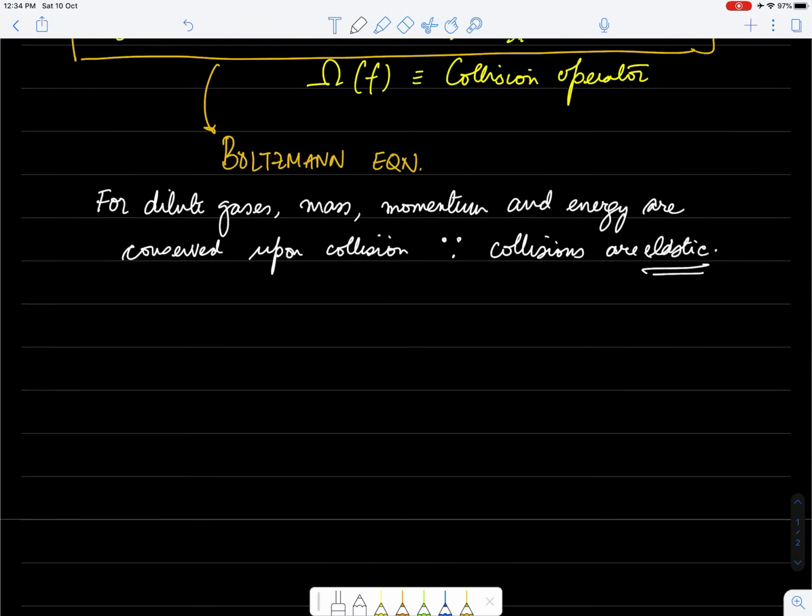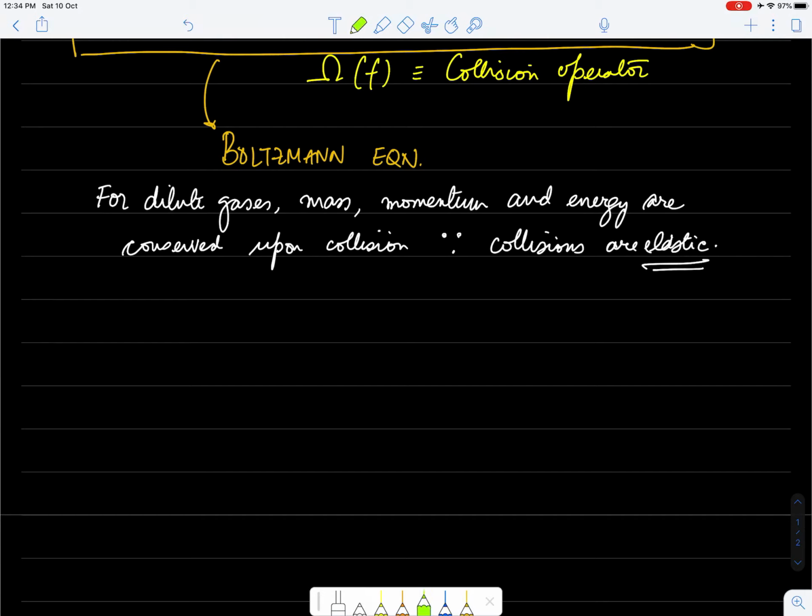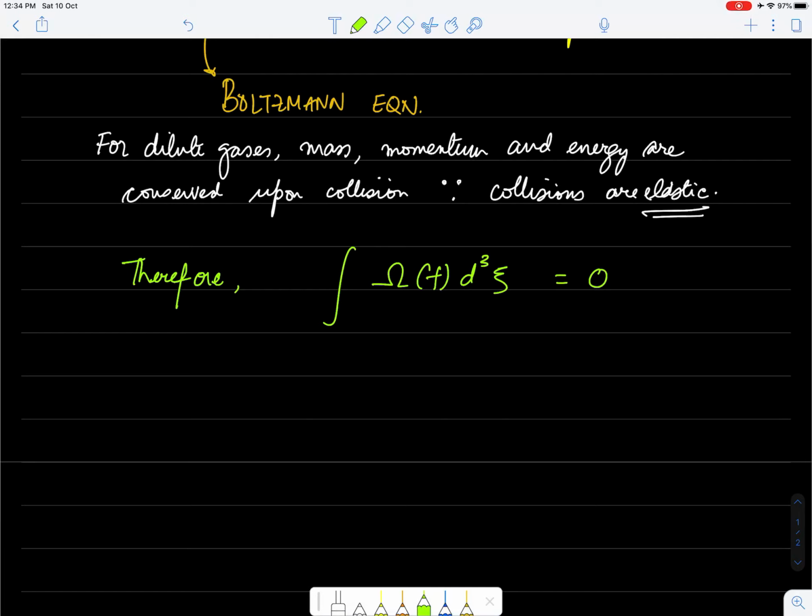And what are these rules? The zeroth moment of the collision operator with phase space should be 0 for the mass to be conserved.